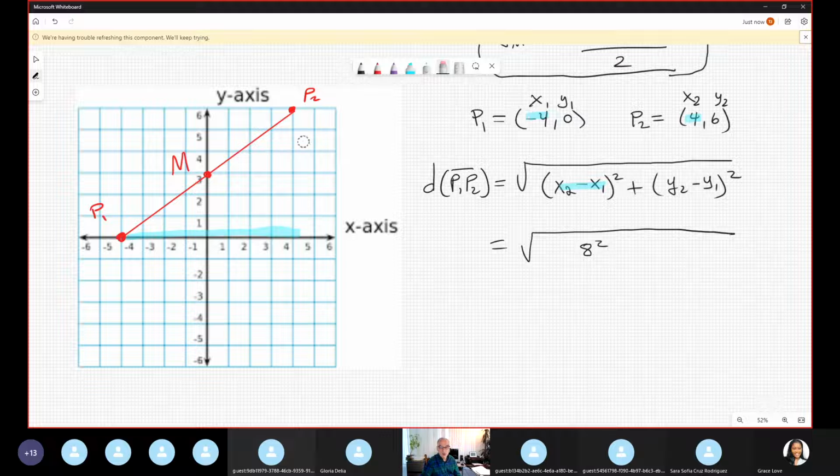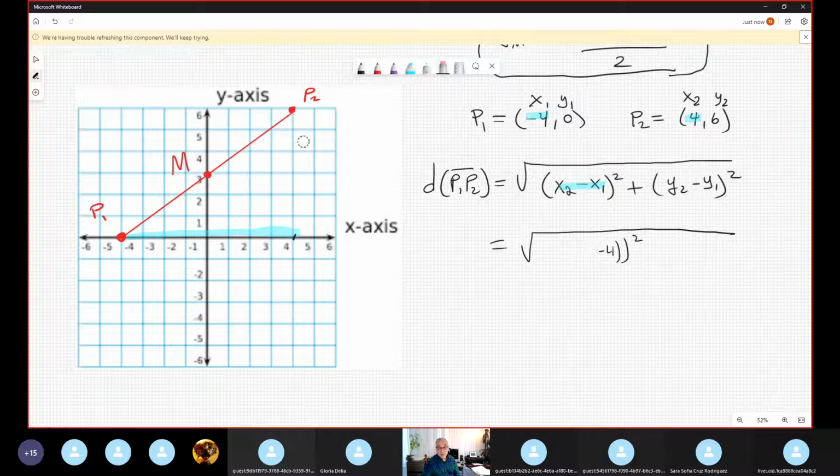Some more formal students do it in a different way. Okay, x2 is 4 and x1 is -4. There's a double negative, no? It becomes positive, and 4 plus 4 is 8, squared is 64.